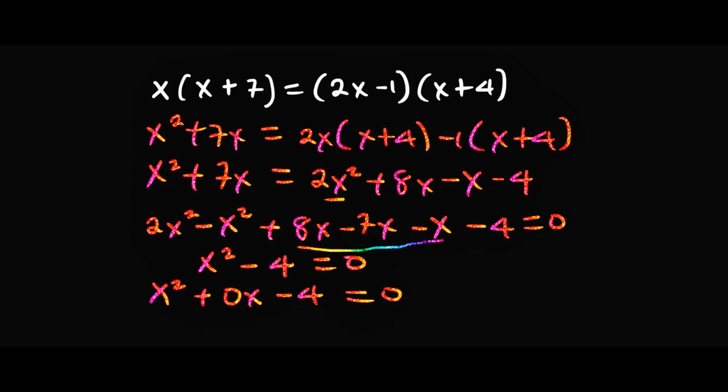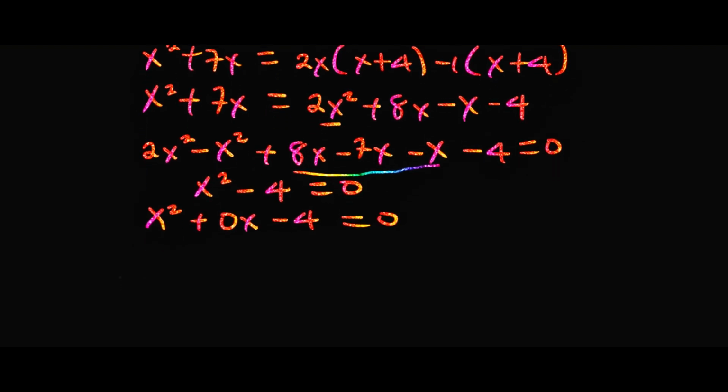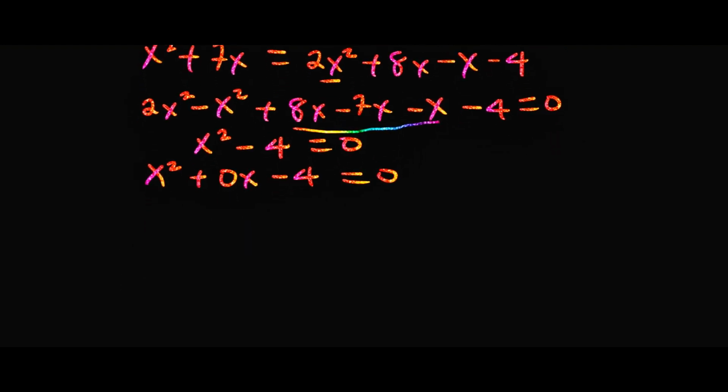Then from there, we look for two numbers whose sum is b and whose product is a times c. The sum for these two numbers should be 0, and their product should be the same as a times c, that is just negative 4. For us to be able to identify these, we look for the products that give negative 4.